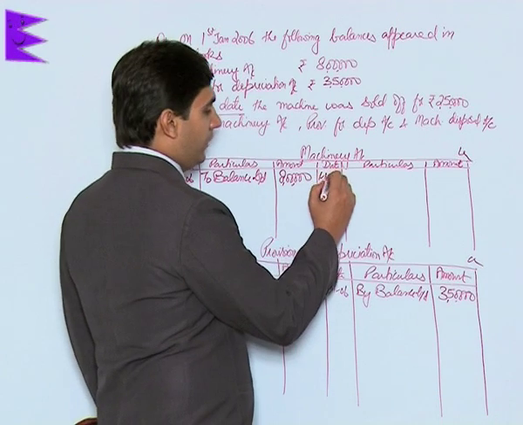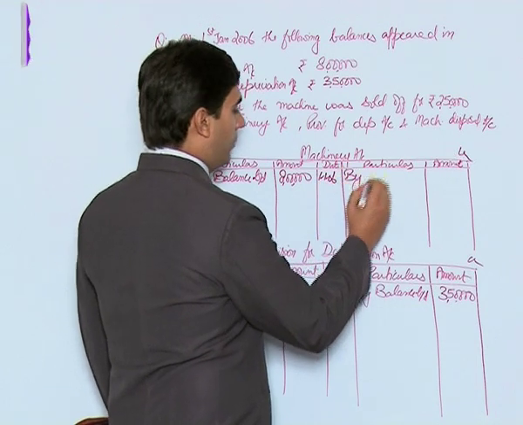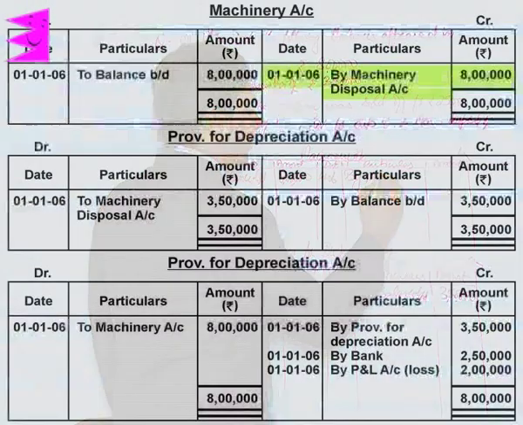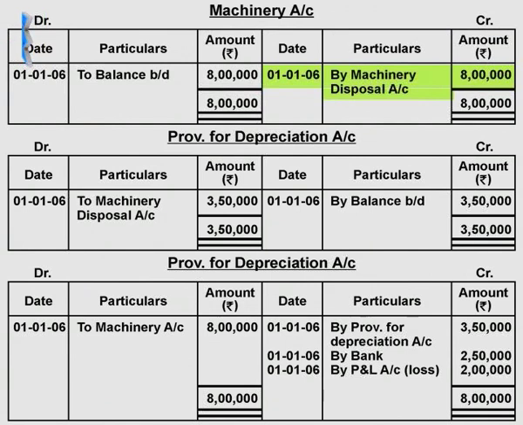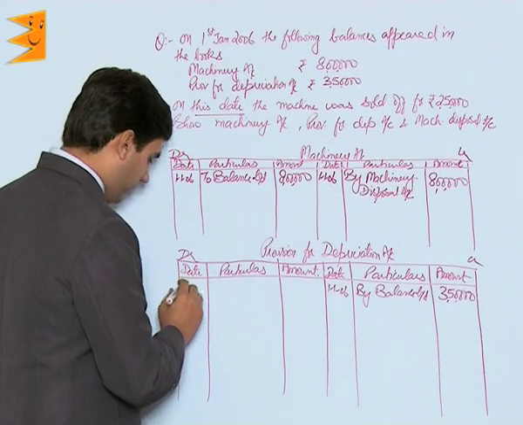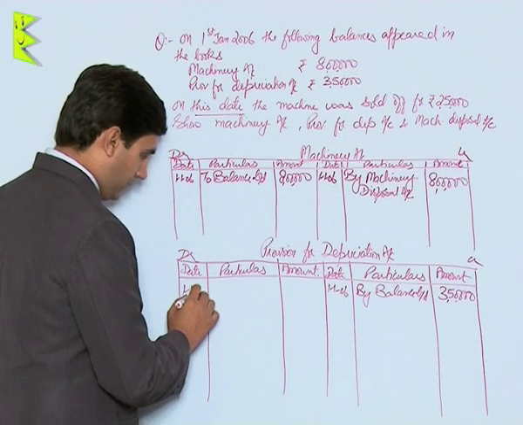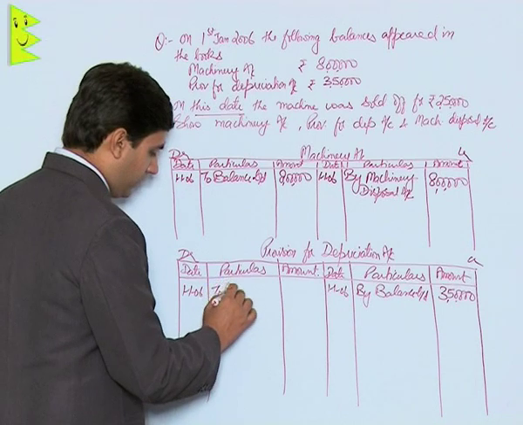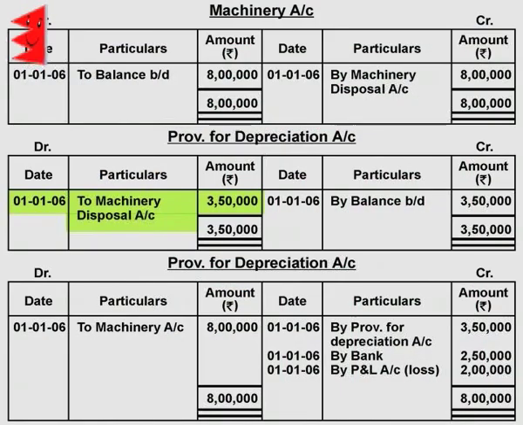So on 1st January 2006, this amount would be transferred to machinery disposal account, 8 lakh here, and again this balance of depreciation account would be transferred to machinery disposal account as 3 lakh 50,000.